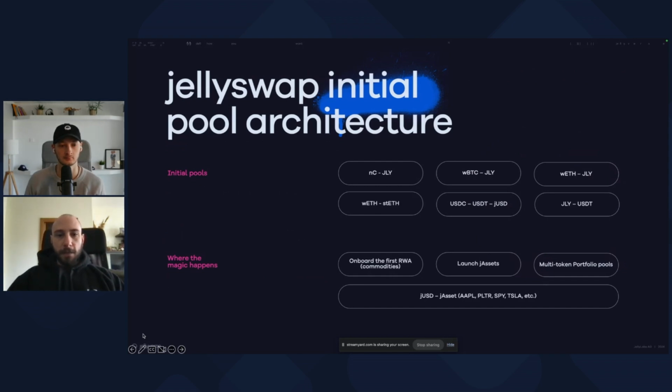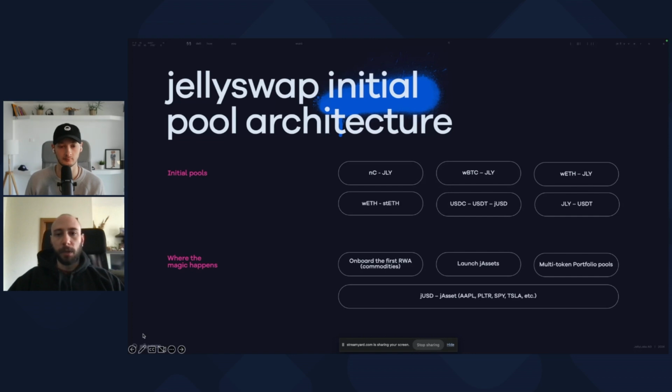This is an overview of the initial architecture on JellySwap. This is what we'll have in the beginning, a few pools. This is of course not fully set in stone, but it's more of an example of how we see it in the beginning.